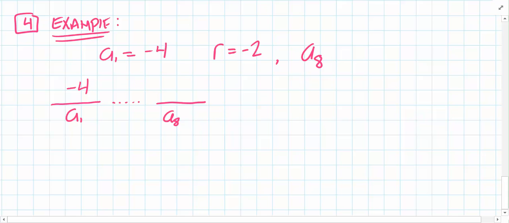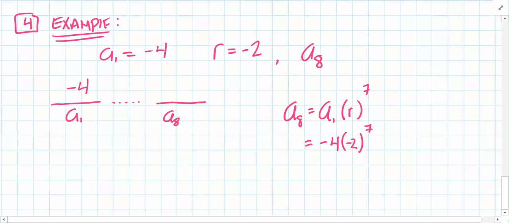a sub 8 has to be a sub 1 multiplied by the ratio to the 7th power, because it's always n minus 1. Well, okay, the very first term was given to me as -4. The ratio was given to me as -2, and I raised that number to the 7th power. So a calculator would be good here, okay?